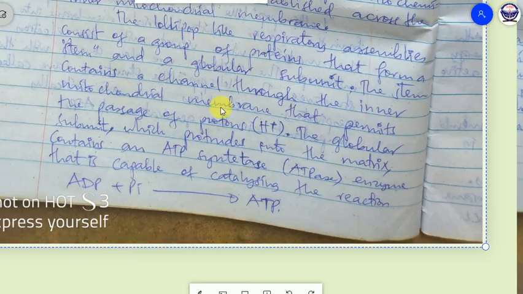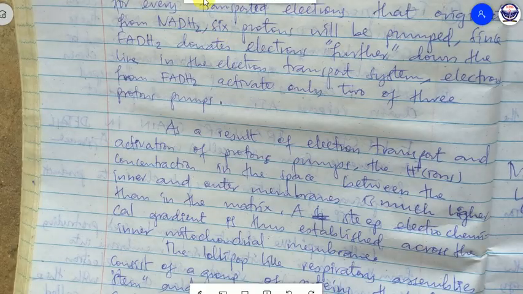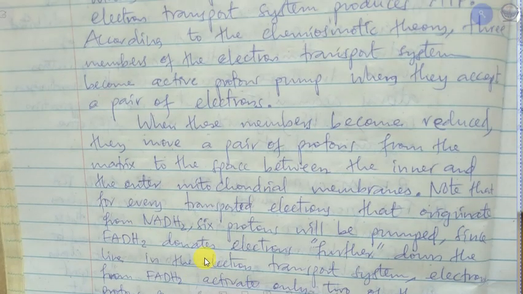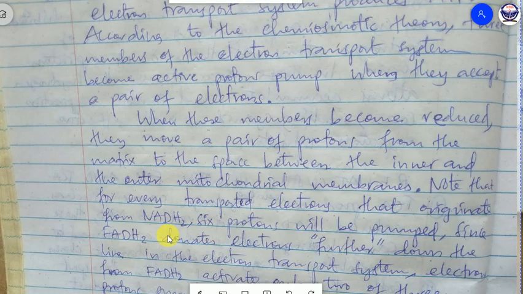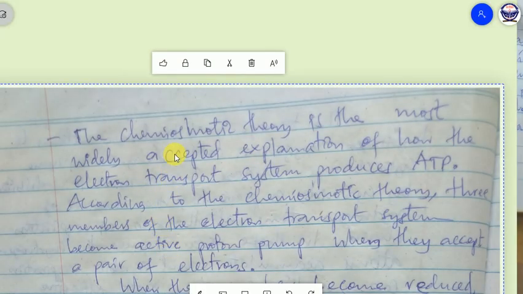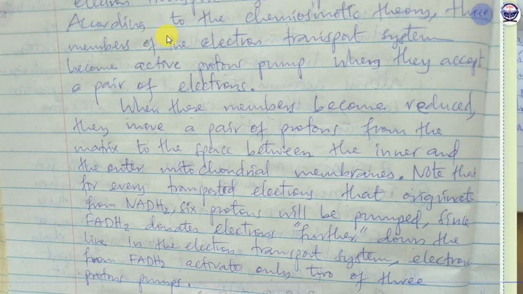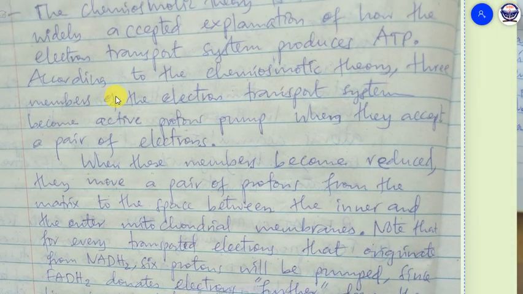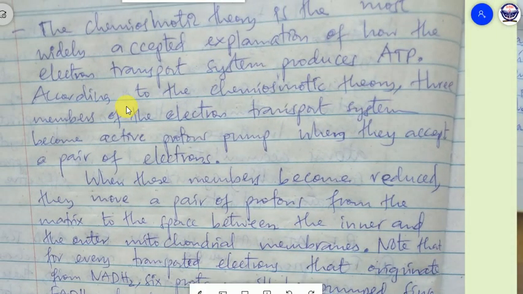So what it explains, we shall see. However, it is just in a few details, because if we give you many details, we'll end up confusing you. The Chemiosmotic Theory, the most widely accepted explanation of how the electron transport system produces ATP.